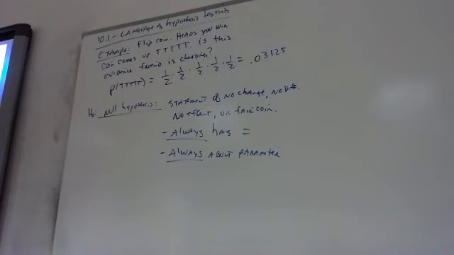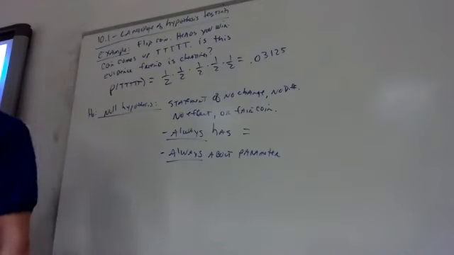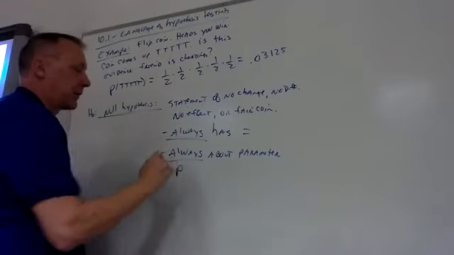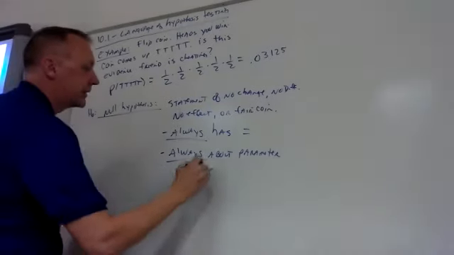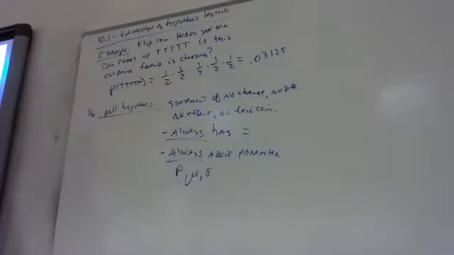Now let's talk about parameters. Give you some examples. What are the letters that I would use for a parameter? P hat is not a parameter. P is. What would be another parameter? Mu would be. Sigma. Did you say n?